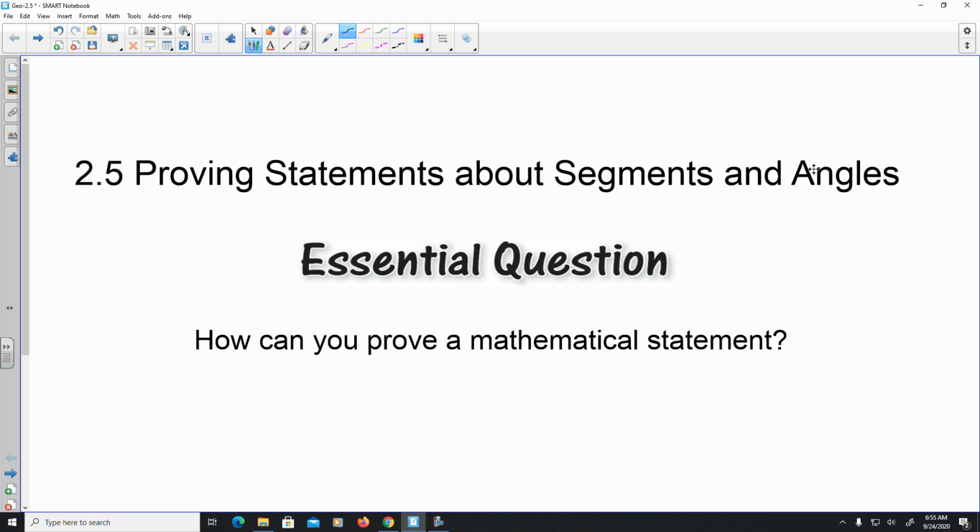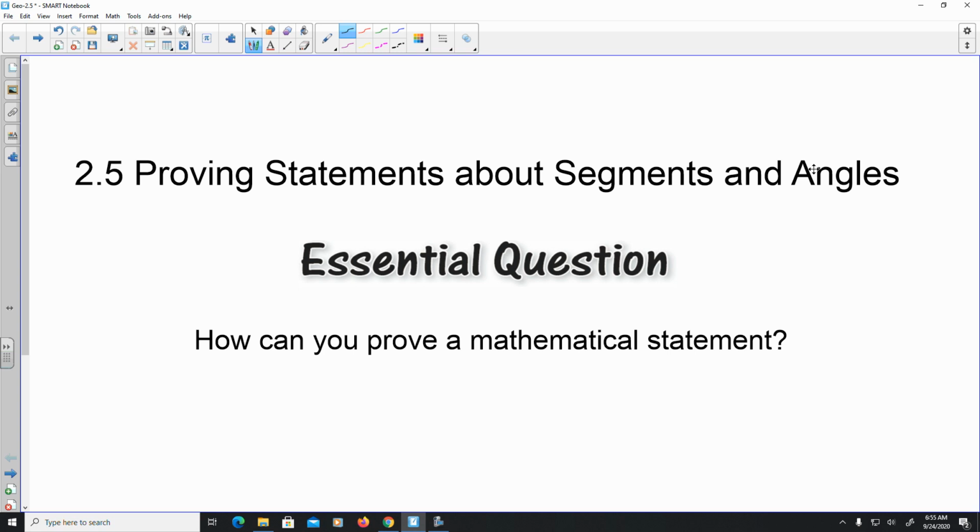In this section, we're looking at 2.5, where we are proving statements about segments and angles. The question we're going to be asked to answer is how can you prove a mathematical statement?